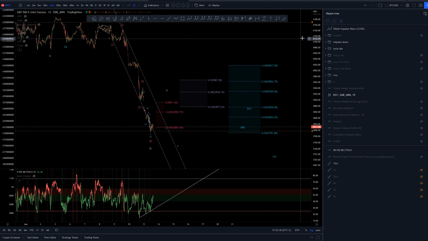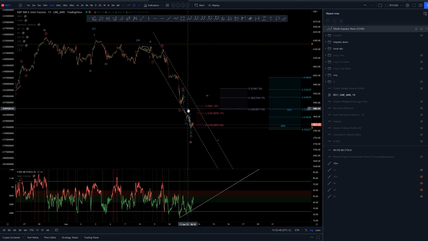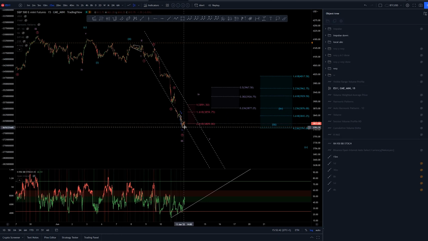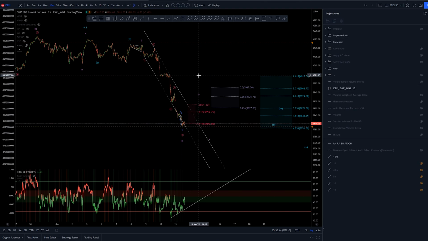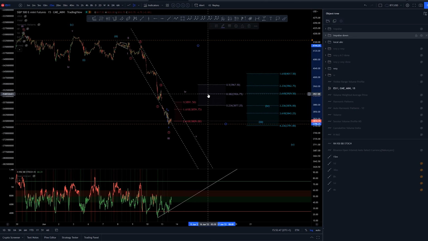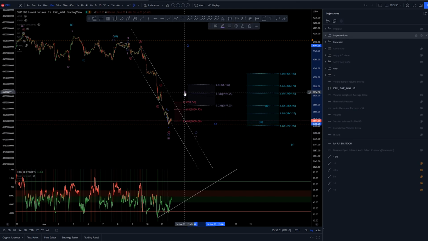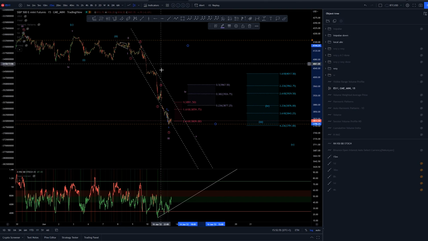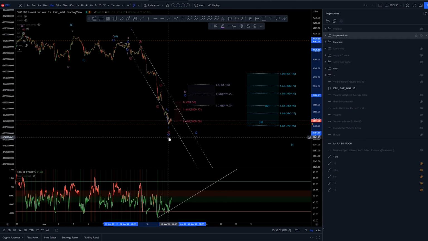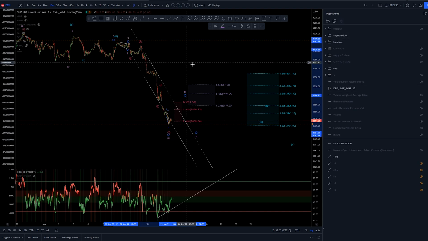Now, where are we expecting this? If this is indeed the low currently in place, we could be looking at the higher time frame wave 4 of this sub-minute count coming to the 38.2 retracement of this third wave here. So this whole structure.